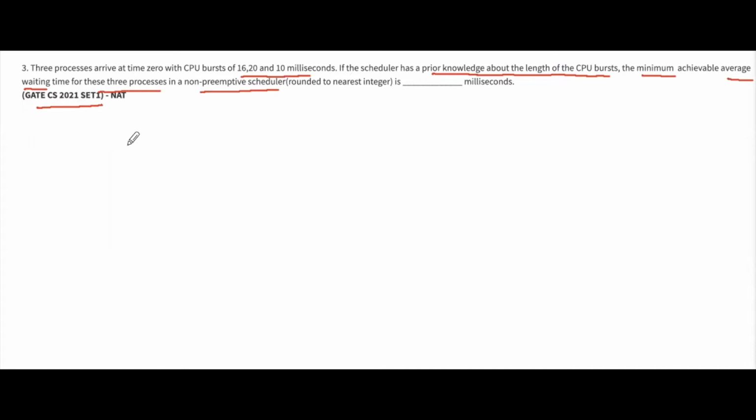So let's name the processes A, B, and C. All the 3 processes arrive at time 0. The burst times of the processes are given as 16, 20, and 10 milliseconds.